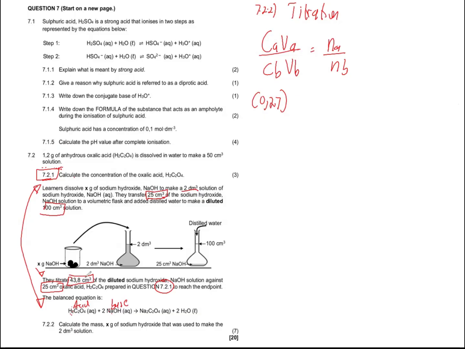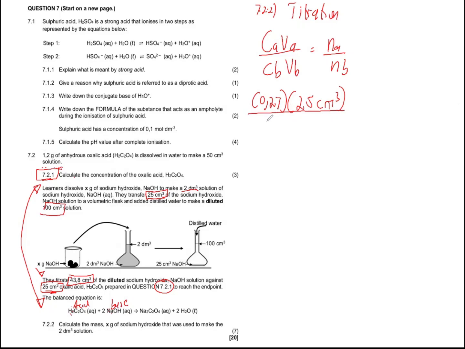The volume, they said what? They titrate 43.8 cm³ of the diluted sodium hydroxide against 25 cm³ of the oxalic acid. Normally with this formula, we are not really interested in converting units. Why? Because the SI units will cancel out each other. So let me substitute it with the units so that you see my point.